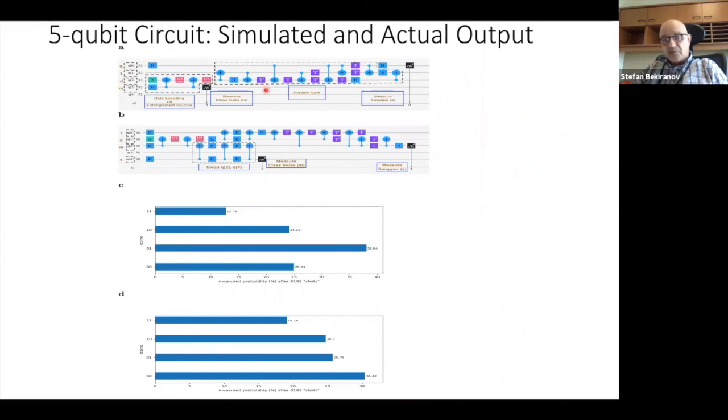This is the most intuitive way of putting the circuit together, but you have to reconfigure it because not all these lines are connected to each other. There's a connectivity constraint on the actual IBM hardware. So you can think of this as what we used for simulation, and this as what we used on the actual IBM system.